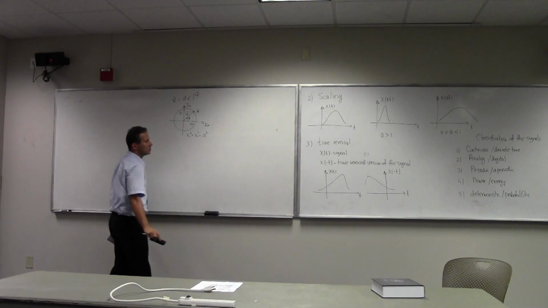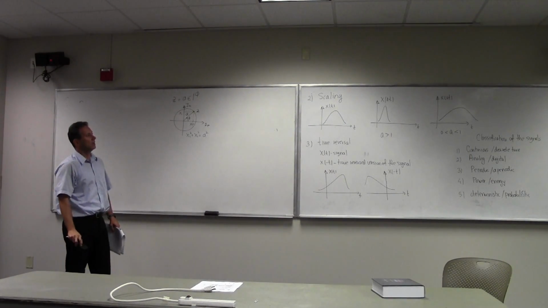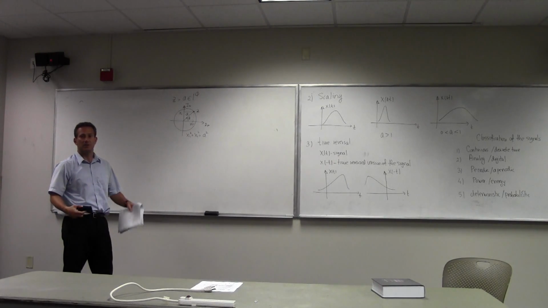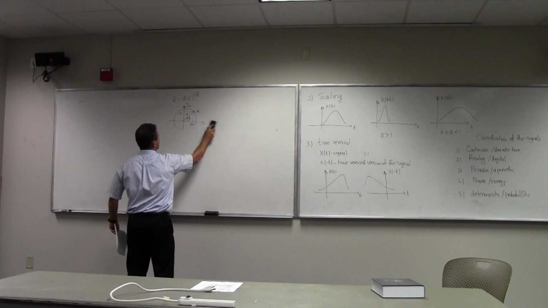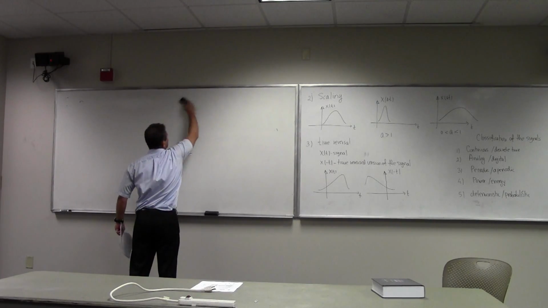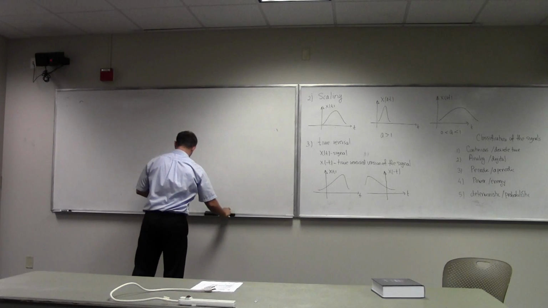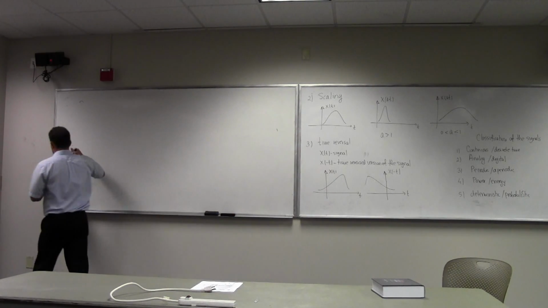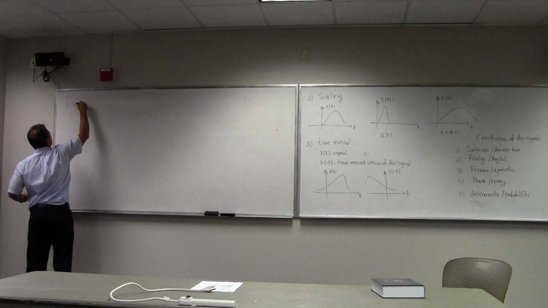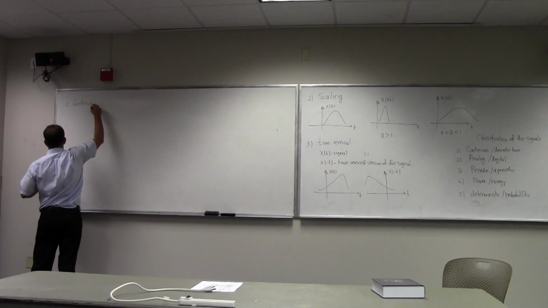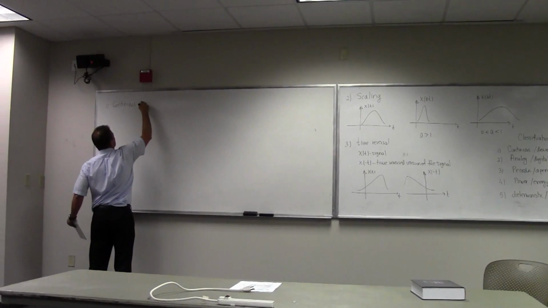For example, one of the most common mistakes is when continuous is misunderstood to be analog, right? Or discrete is mistaken for digital. So, first division, continuous and discrete time.